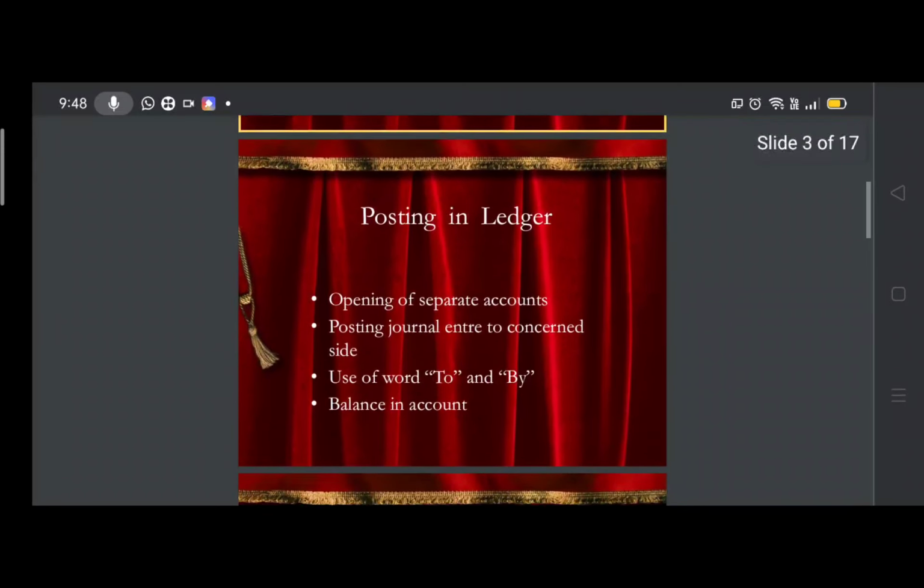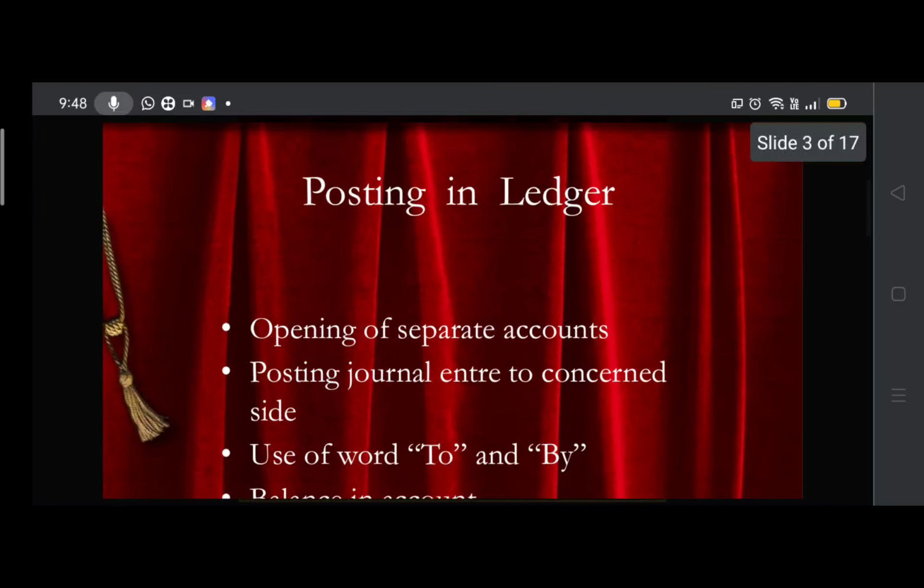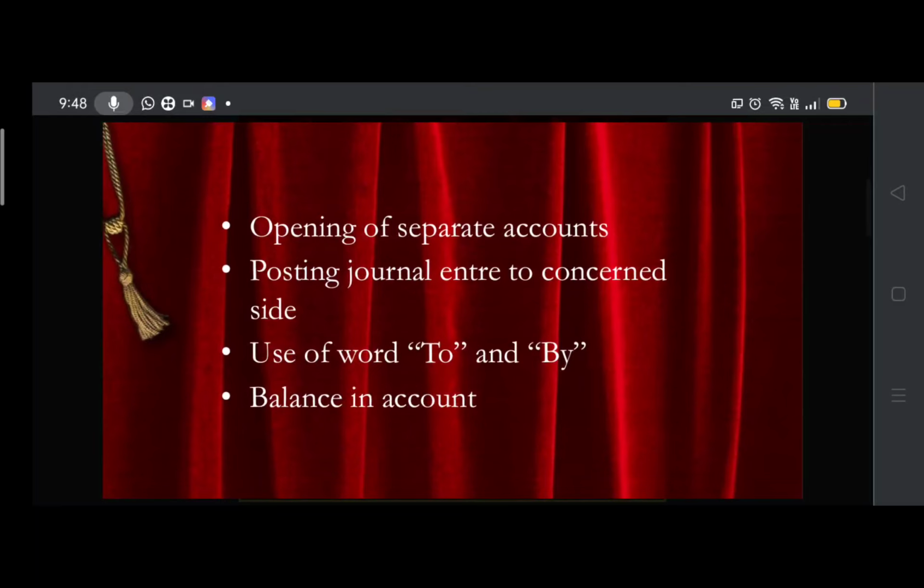Then we have posting in the ledger. Every transaction has two accounts, and for every account we prepare a separate account. That is what is done in the ledger. All the three types of accounts, real, nominal or personal, are taken into consideration, and all transactions, whether debit or credit, are posted.